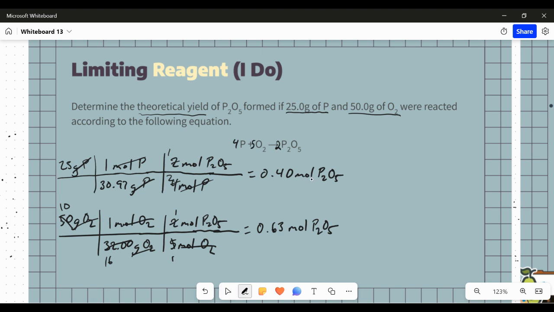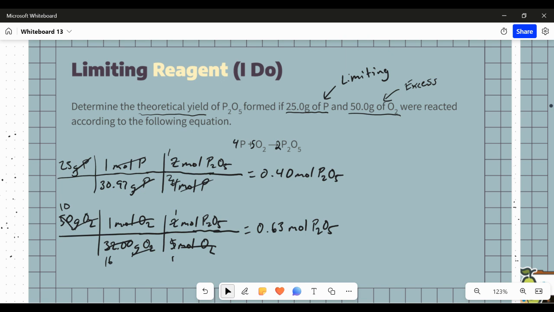Now that these are in the same unit, moles of P2O5, I can clearly see that phosphorus is limiting. So I'm going to leave a little mark. Because phosphorus is limiting, the one that is not limiting is said to be in excess.